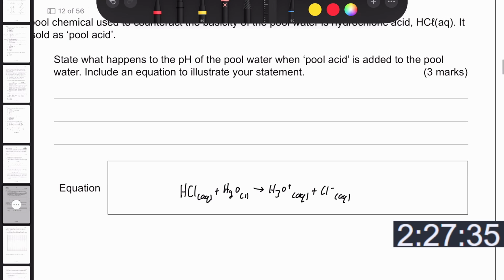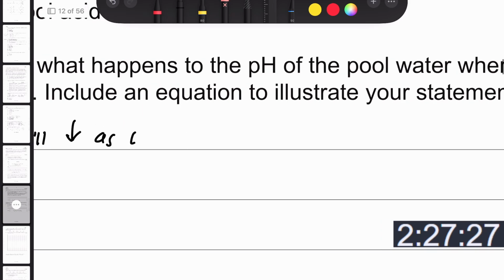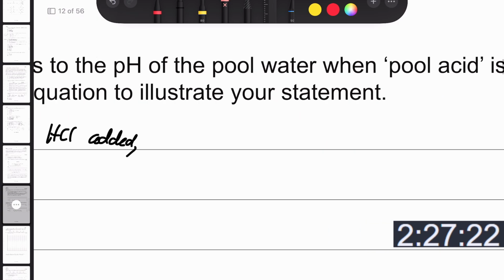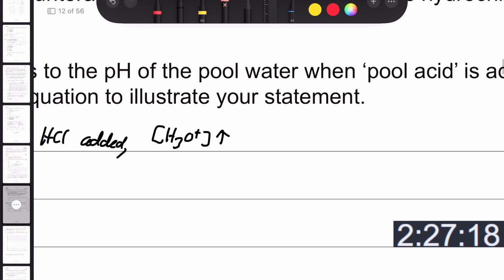Yes, I think. pH will decrease. When HCl is added, the concentration of H3O plus increases.